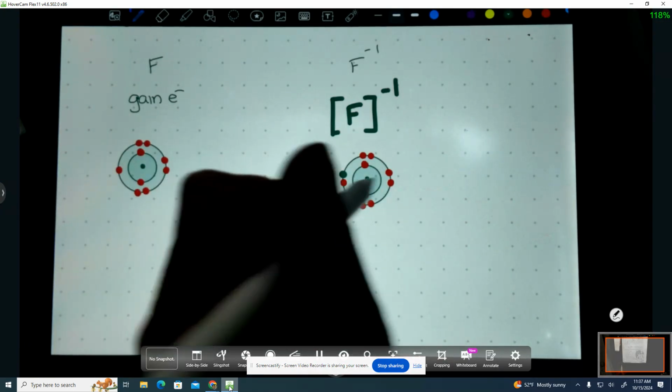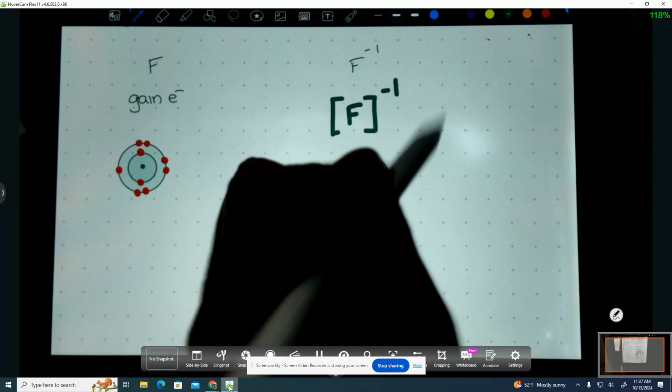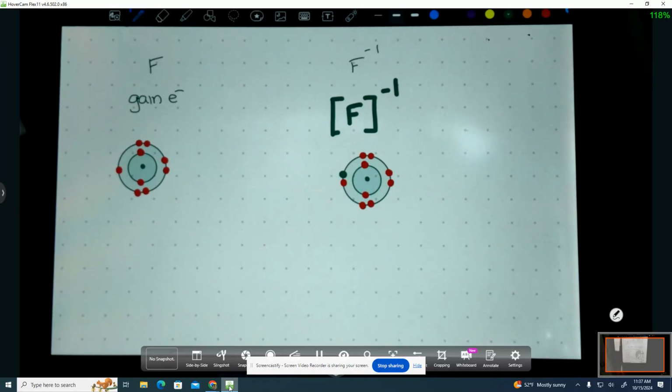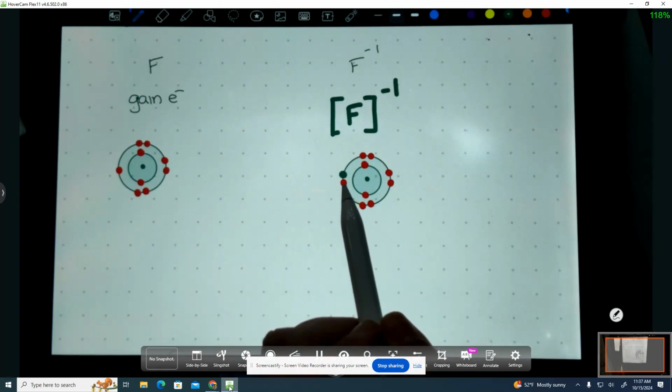Did I change the number of rings? No. So if we think of each one of those rings as like a bag, and I shove another thing into the bag, what's going to happen to the bag? It's going to expand.